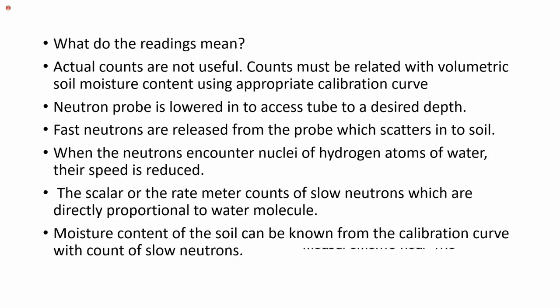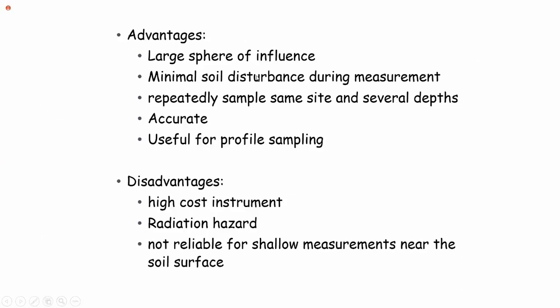It has a large sphere of influence and minimum soil disturbance during the measurement. You just insert the meter into the soil and you measure. You do not take the soil sample out, except for the initial stage.